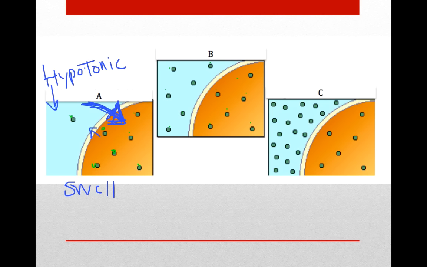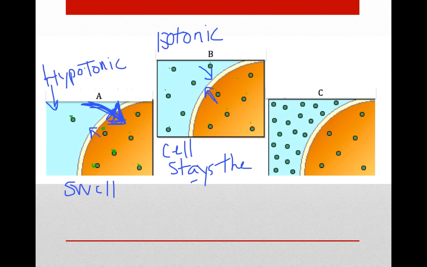So in this case, there's still water going in and out of the cell. Whatever goes in is going to equal the amount coming out. The arrows are the same size. So this solution is called isotonic, and the cell is going to stay the same, because it is in dynamic equilibrium.